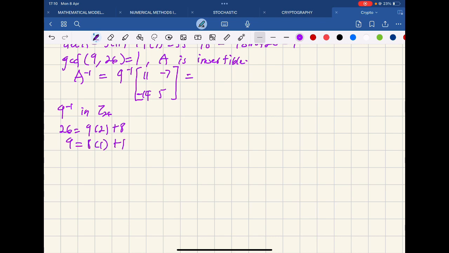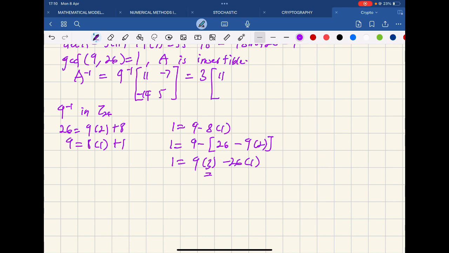So to find the inverse, we are going to get 1 is equal to 9 minus 8. Then 1 is equal to 9 minus, then we do the substitution. So 26 minus 9 times 2. So we are going to get 9 times 3 minus 26 times 1. So the inverse of 9 in modulo 26 is 3. So in this case, 9 inverse is equal to 3.